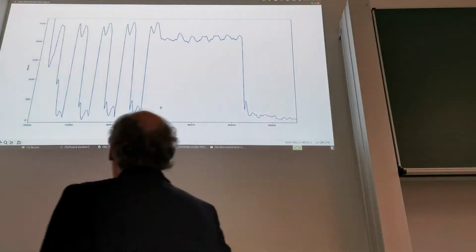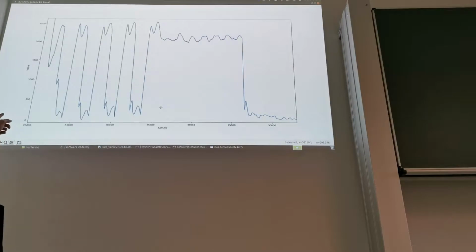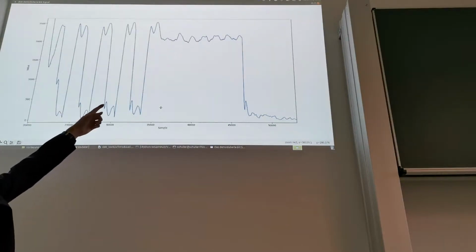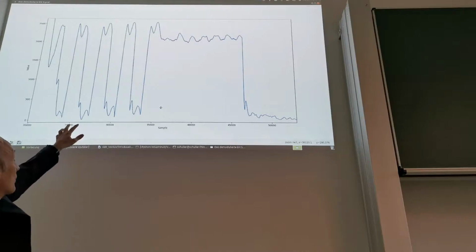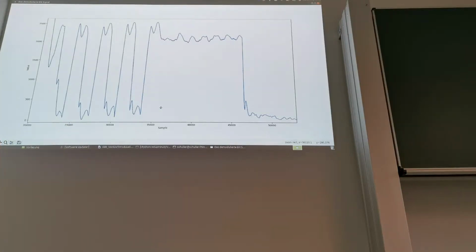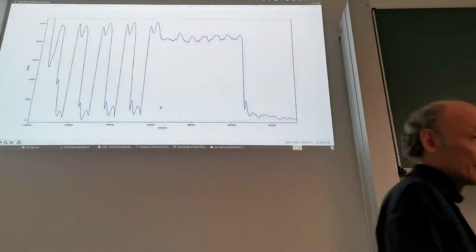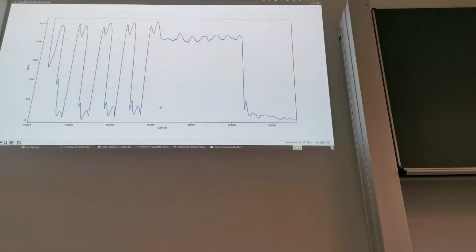We see that the threshold needs to be, I guess, at least above 500, to detect this part here as zeros. And it needs to be below 2000 to correctly identify the ones, I guess. Can you see that? So actually in this case we have quite a nice distance between zeros and 1. So to find the right threshold should not be too difficult. It's getting difficult if they're getting too narrow. If the distance between zeros and ones is becoming too narrow, then we more easily get errors.